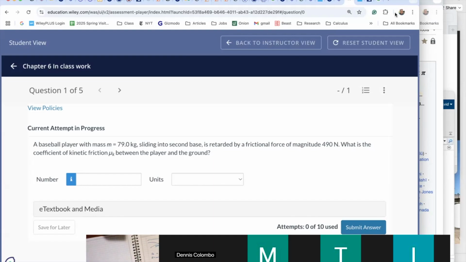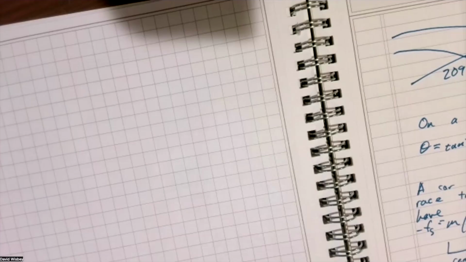Does anybody have any questions about this one, or should we just go through it real quick? Any questions? All right, I'll check. I don't think anybody put anything in the chat. All right, well, let's just do it real quick.